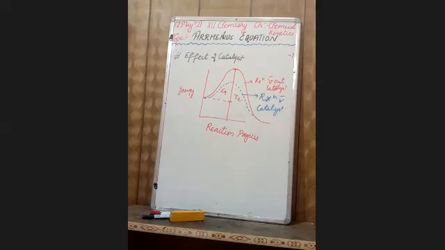Catalysts do not change the Gibbs free energy. Delta G does not change. Catalyst does not change the equilibrium constant value. It is just able to increase the speed of the reaction.